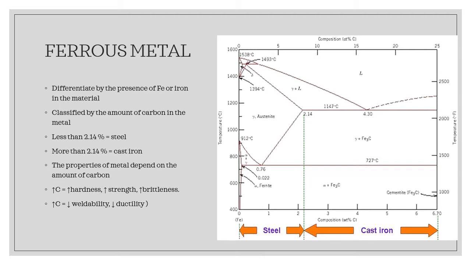So generally, the properties depend on the amount of carbon. The amount of carbon also affects the hardness, strength, and brittleness, as all these properties increase with the amount of carbon. By increasing the amount of carbon, the metal will also have lower weldability and ductility.